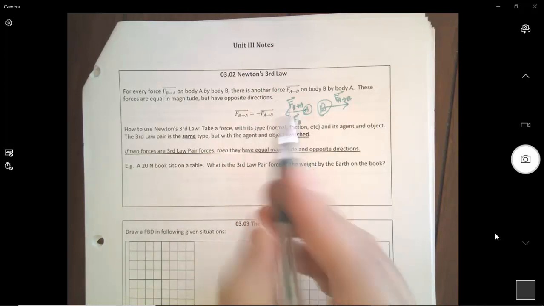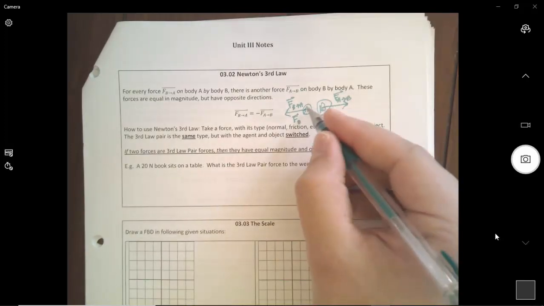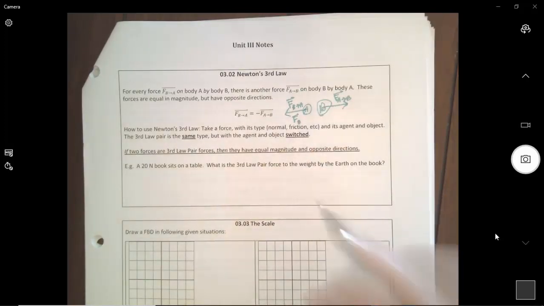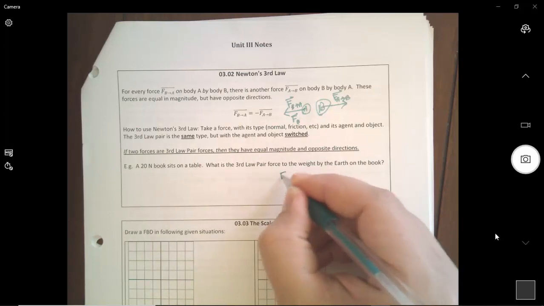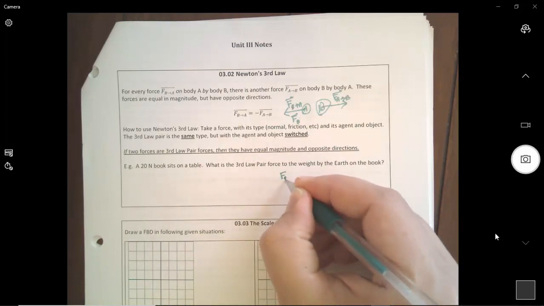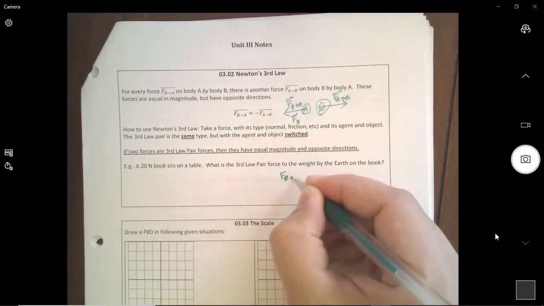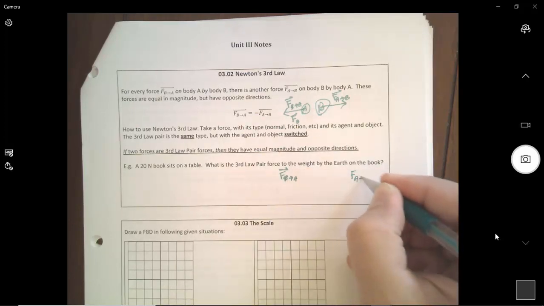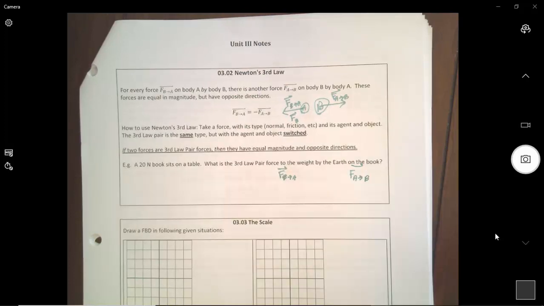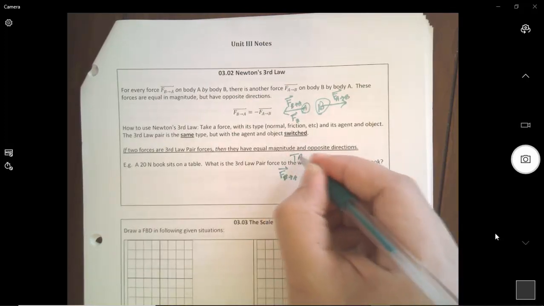You've got our two objects, A and B. They're applying forces on one another. So we know two things. There's a force, we'll call it F, B on A. And there's another force, F, A on B. They go in two different tau charts.